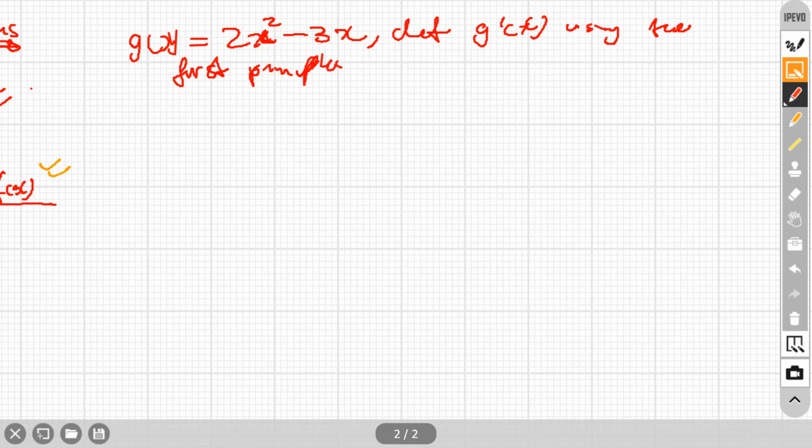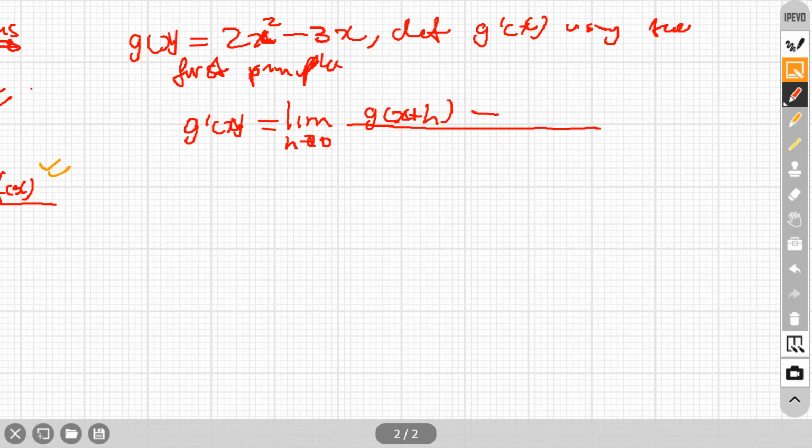Number one, you write what the first principle states first. So this time we're given g, so it's going to be g prime of x, or first derivative of g, is equal to the lim, according to the first principle, h approaching 0, then your fraction line, then g of x plus h minus g of x, then all of it over h.